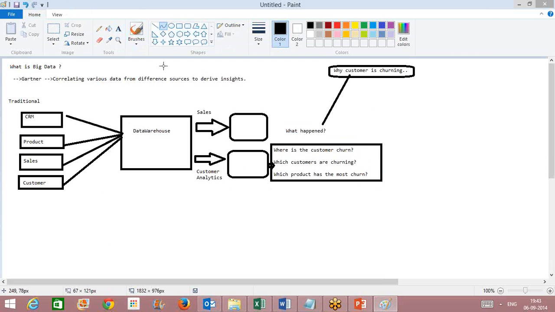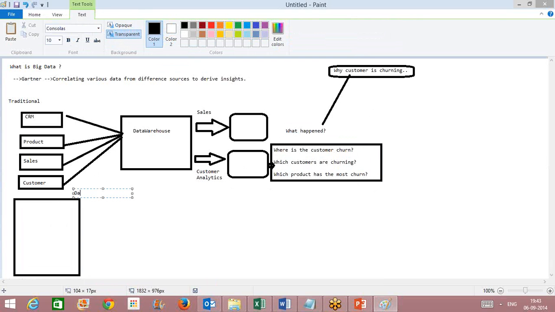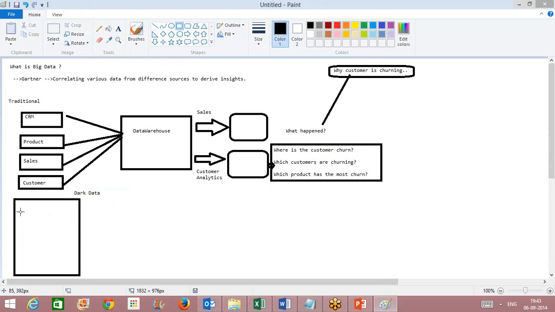So what should the enterprise do? They should look at their dark data. That is what we are talking about. The enterprise has to look at the unstructured or dark data which exists within the enterprise. And this data includes, let's say, customer feedbacks.